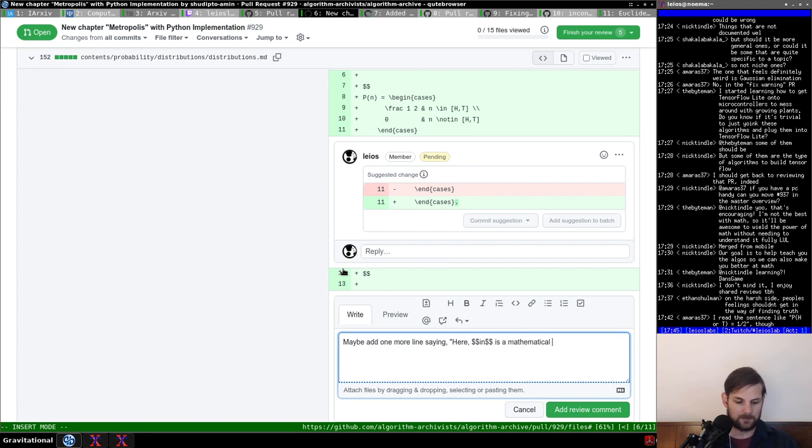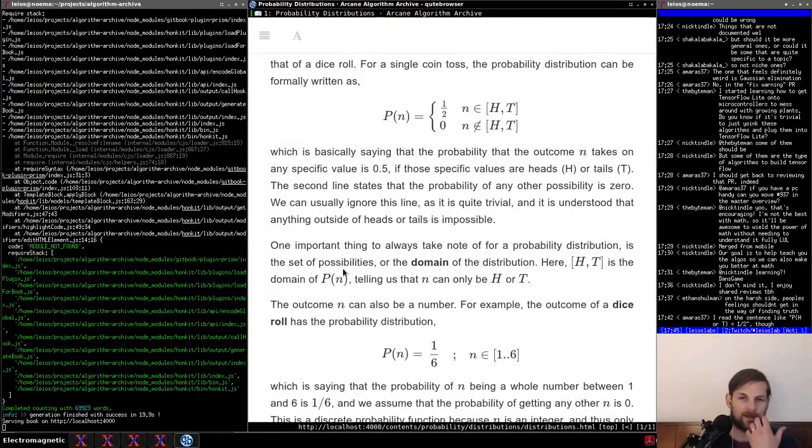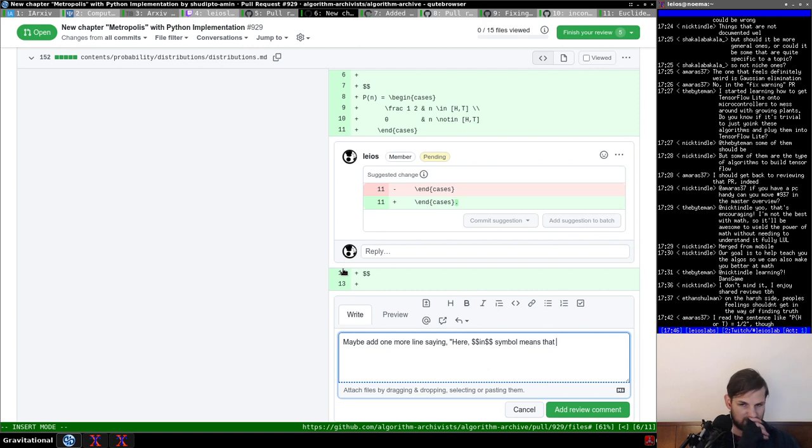The math symbol is read as within, and means, let's see, this symbol means that, does that actually make any sense? 1/2, oh, n is within H or T. N is within H or T.